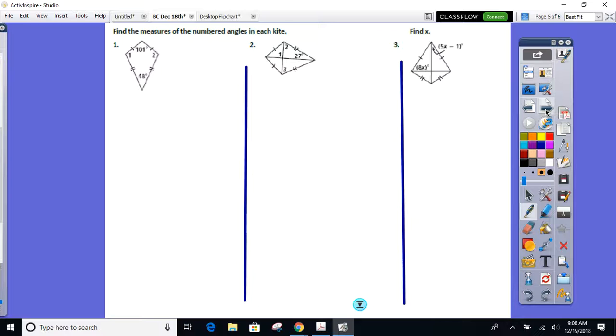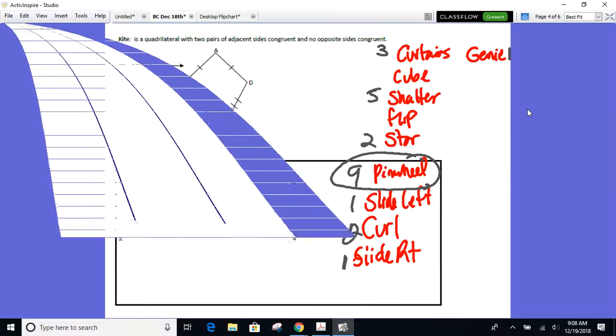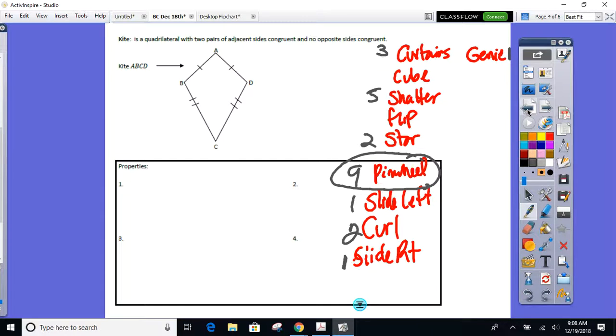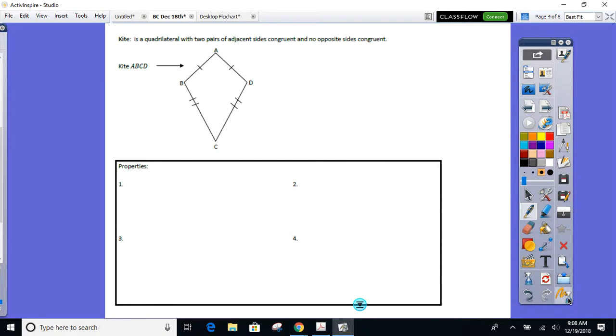Okay, here we go. That was Genie right there. Usually I went backwards, but when I go forward, it comes from the corner and comes out like that. All right, here we go. Let's just get this finished now that we have no homework once again. Thanks for the pinwheels, people.